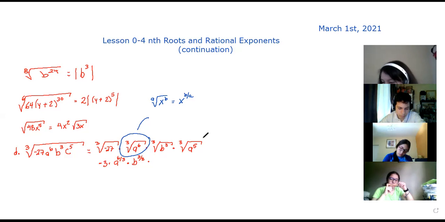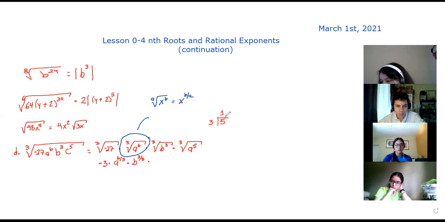I'm going to show you a trick for when the power inside of the radicand is greater than the index. You are going to divide this power by the index. 5 divided by 3 is 1, right? And 1 times 3 is 3, and the remainder is 2. 1, remainder 2. Pay attention to what is going to happen here.